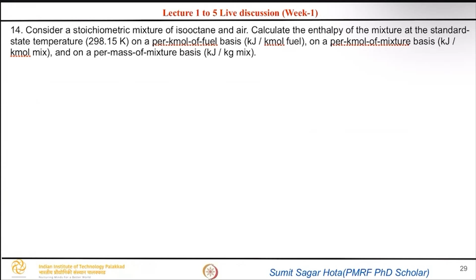So on the 14th question, if this question is also the same, we need to find the answer. In this question also, we need to find the H of the mixture.